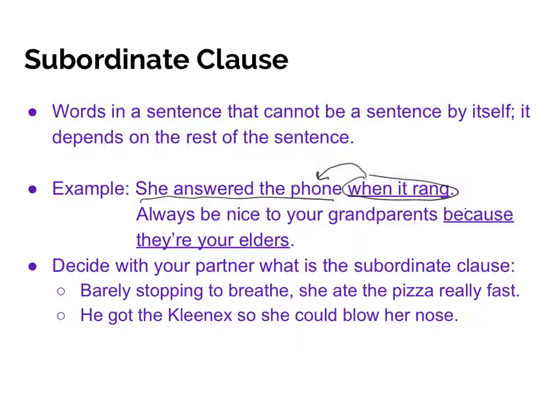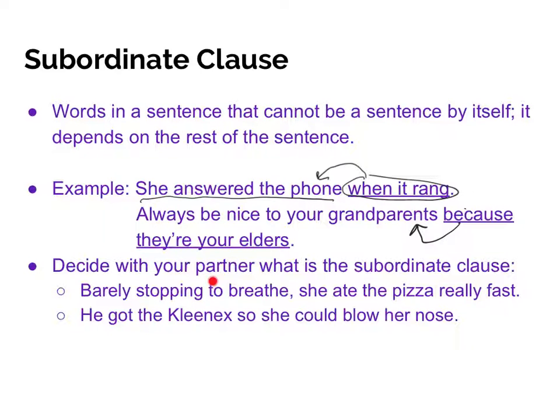Because they're your elders. Well, what? What happens because they're your elders? This part of the sentence does not explain that. So that tells me that it is a subordinate clause. It needs to be connected to this main part of the sentence in order for it to make sense.